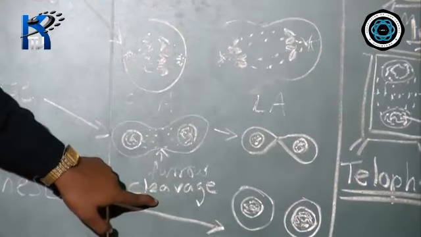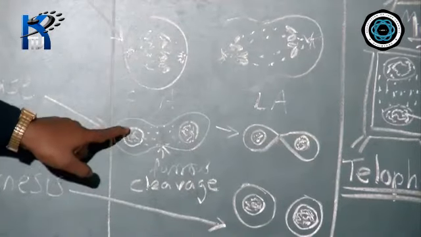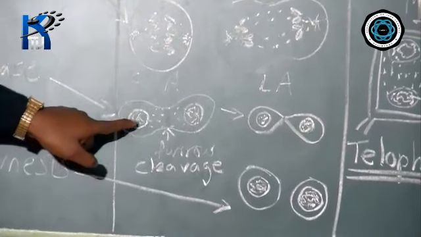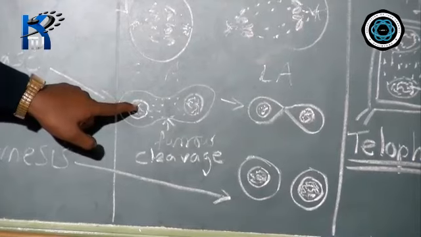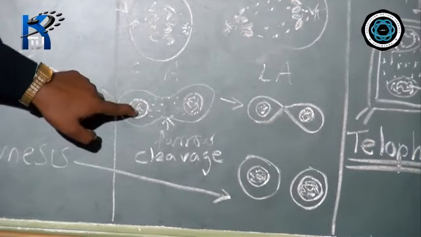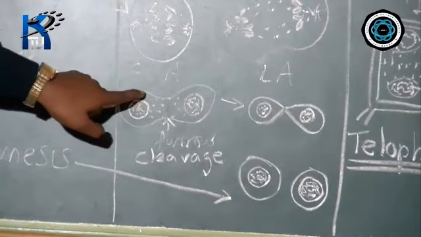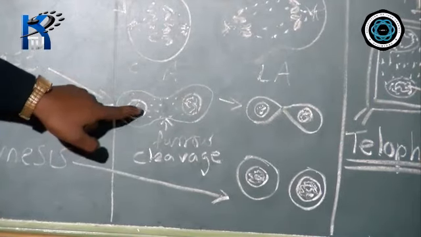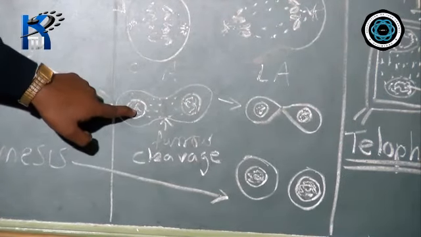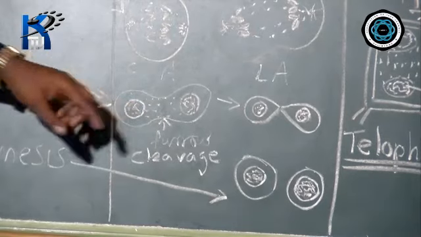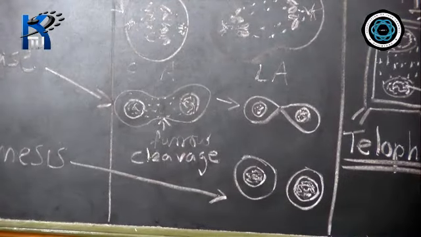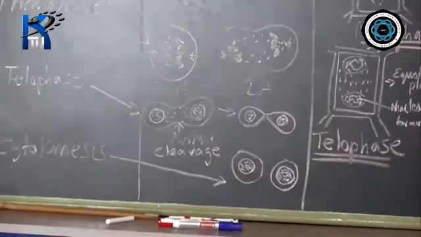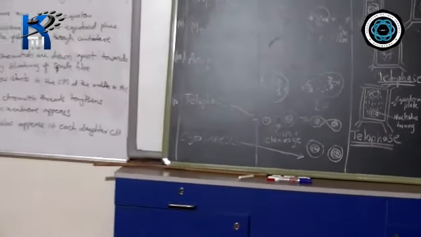Then each chromosome that has come to the pole slowly, the nuclear membrane will also get formed. The chromatid structure will get lengthened. That means they will join, and then they will form a chromatin fiber.